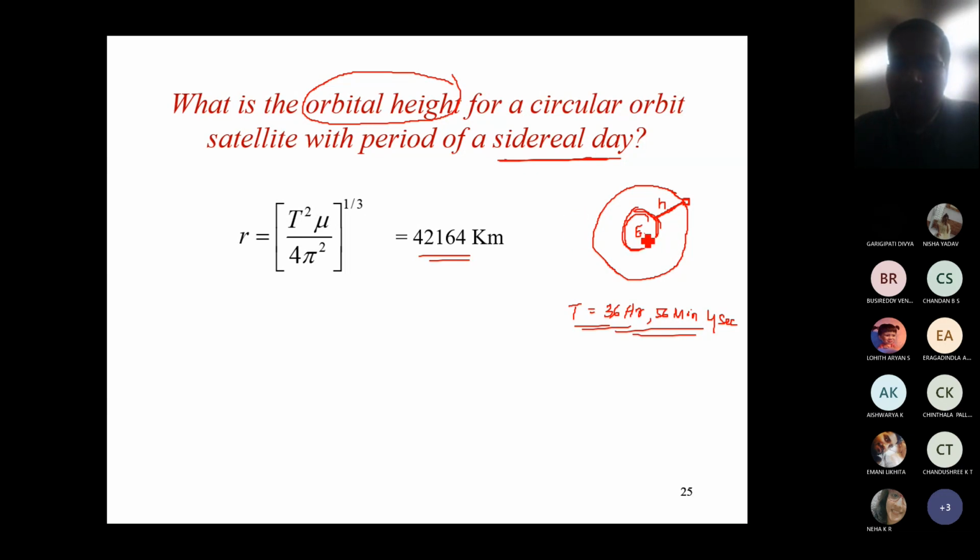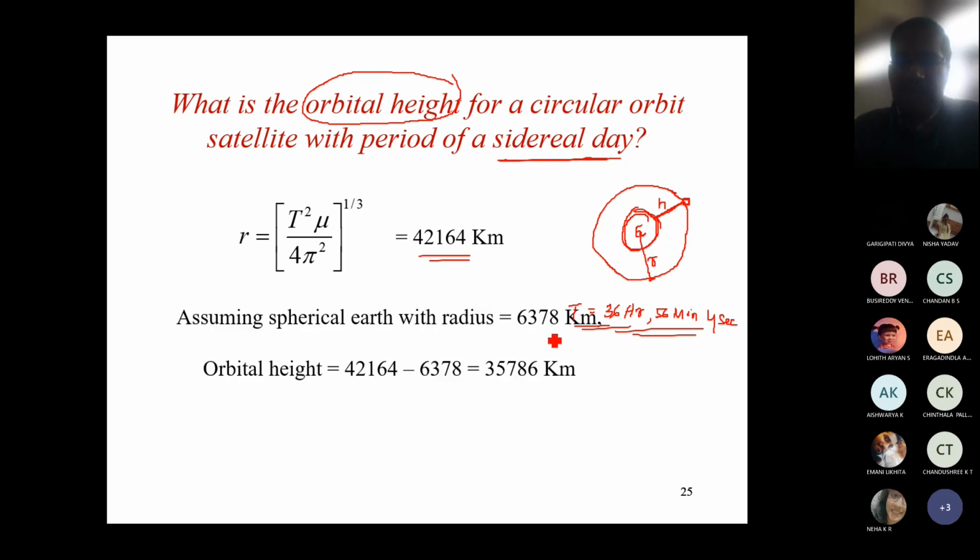So R means what? R means from the center of the Earth to the satellite orbit. This is called R. But the question is to find the orbital height. So orbital height is nothing but R minus the radius of the Earth. So radius of the Earth is 6,378 kilometers. So this value you have to remember.